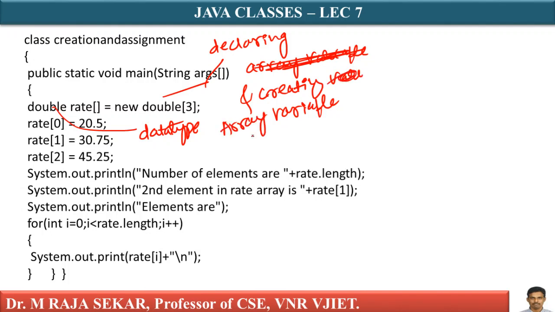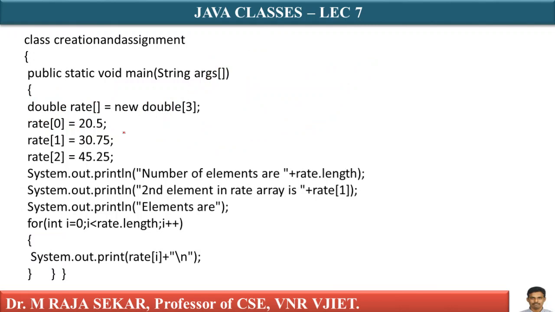I am doing both tasks at a time, isn't it? That's the syntax. Just see, double is the data type, rate is the array name, square bracket, new, data type, size. What is the syntax in Java for declaring as well as creating?